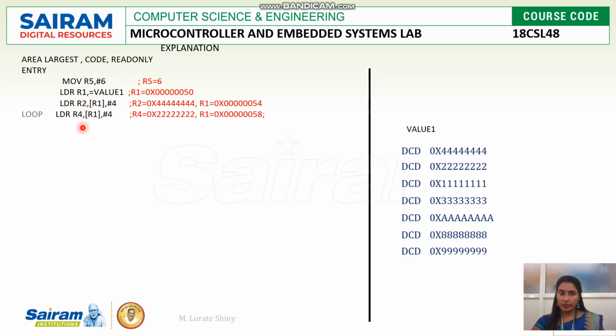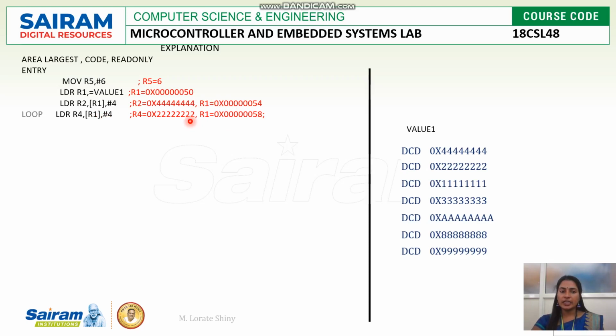The second data I am going to take from the array, for that I am using the next register, R4. Now the R1 value is 54, so from the 54 memory location, the data 2 moves to the R4 register. After the execution, R4 is equal to 2. Then we are updating, because it is post-index write back. R1 plus 4 becomes 58, pointing to the next data in the array.